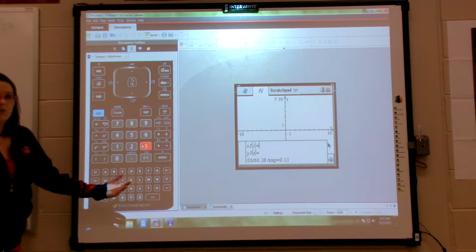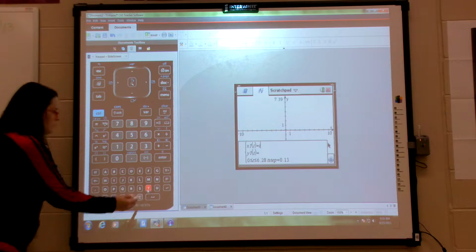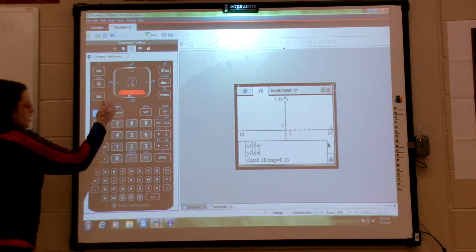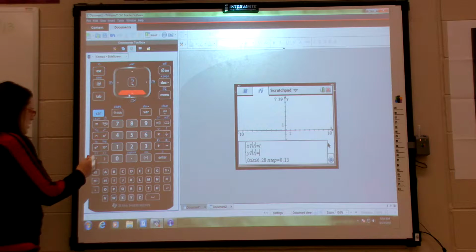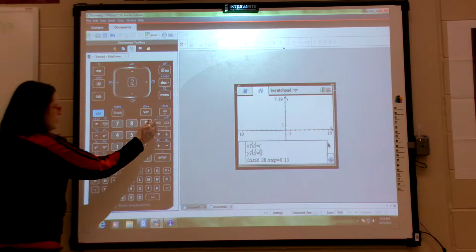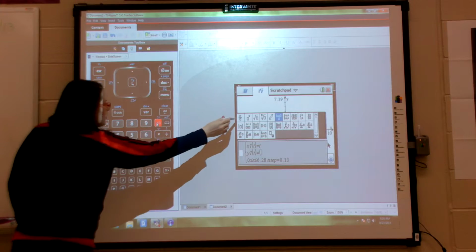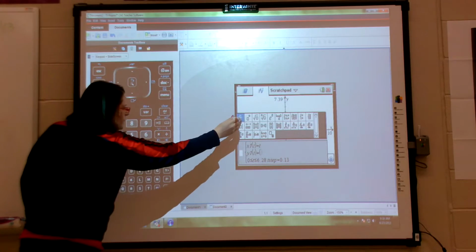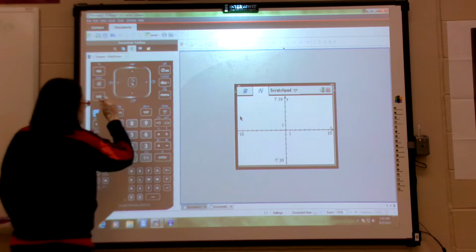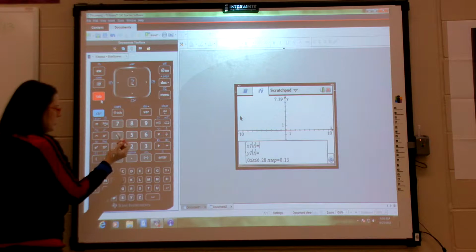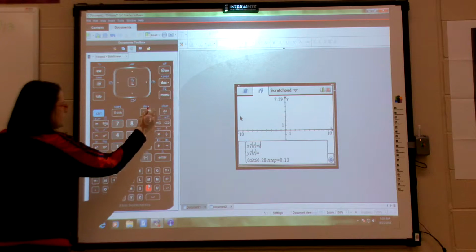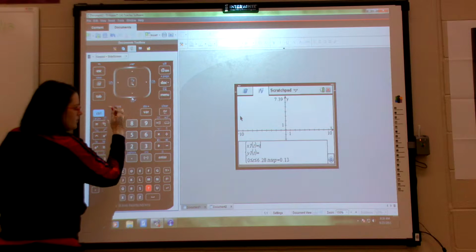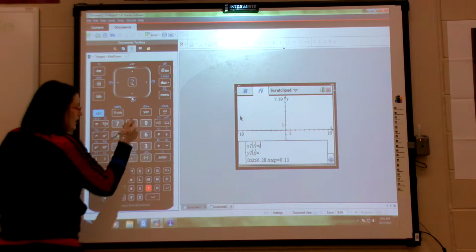What do I want x to be? Well, I want it to be t. Go down. I want this to be, let's see, put in a real fraction. Oh, it just deleted it all.